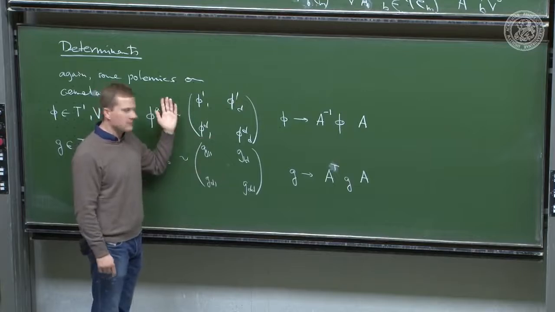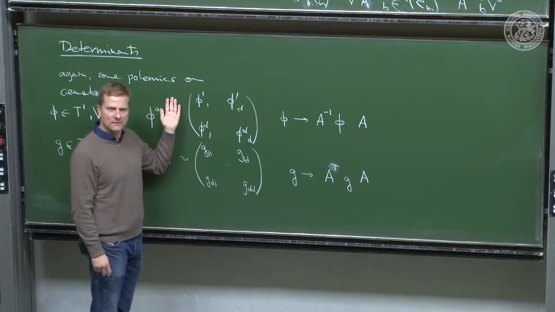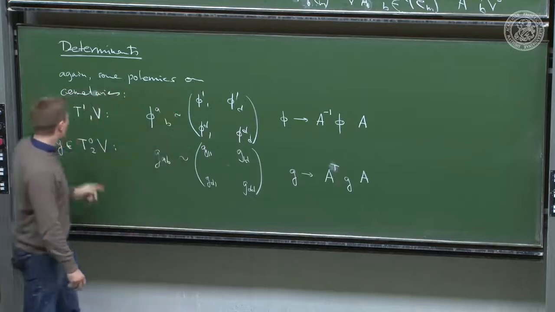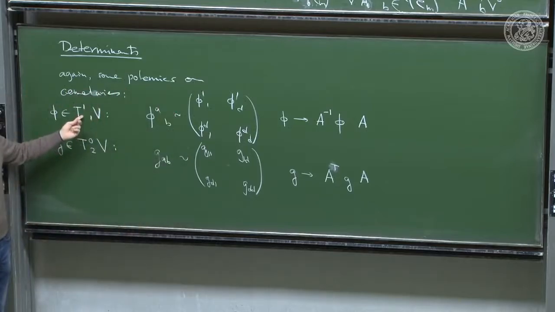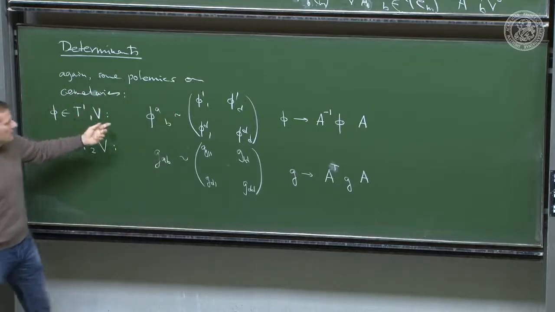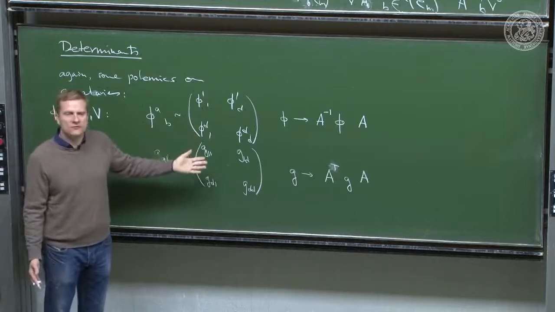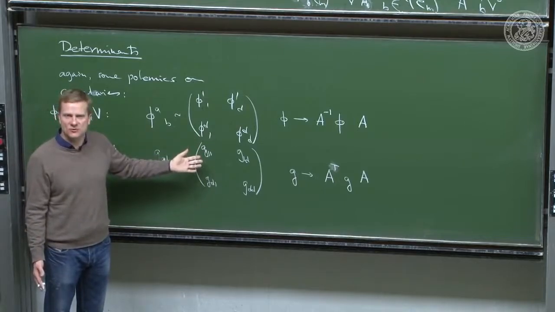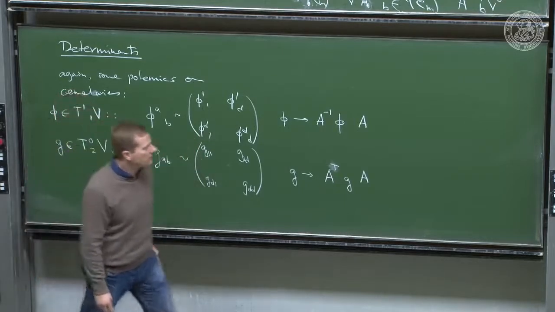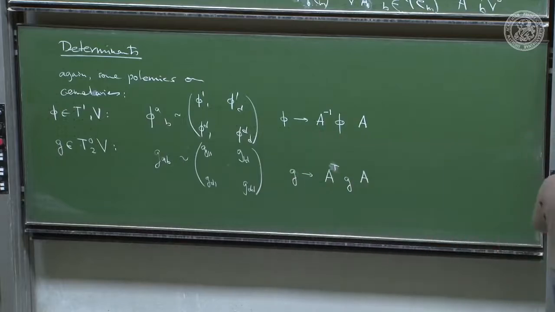Well, then I can take the determinant of that matrix down there as well. No, no. Determinants are only defined for endomorphisms. How can I see this? Well, I have to do it basis free, then I can see what goes on. Very important.